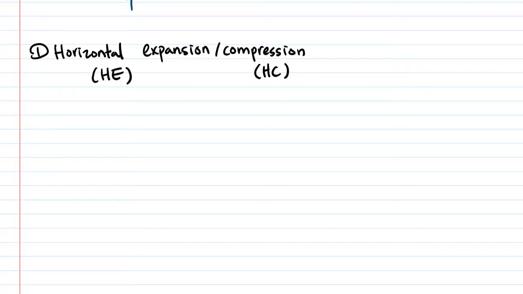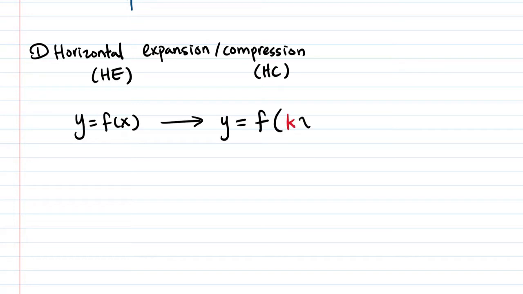Horizontal expansion or compression happens when the x variable is multiplied by a constant, and that is happening inside the function. Which means when you are given f of x as the original function and a horizontal expansion or compression happens, then your function will be written as f of k times x.